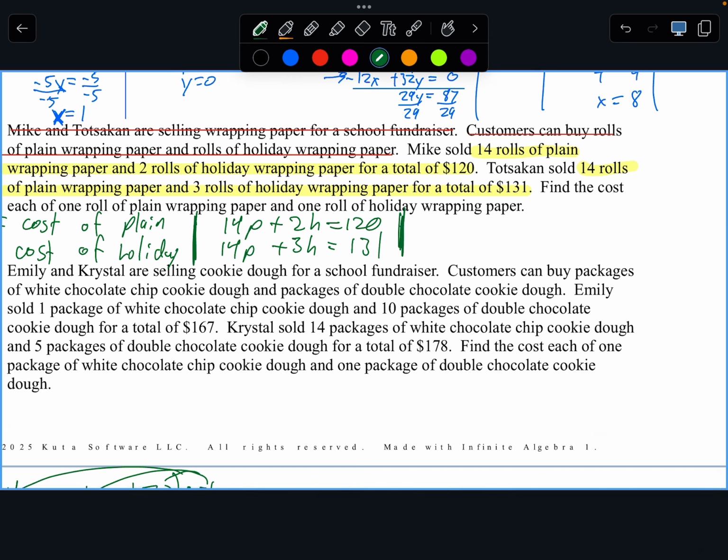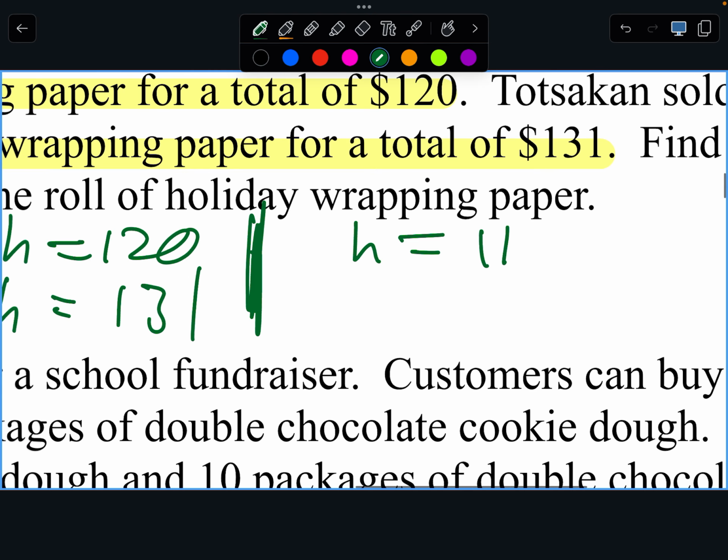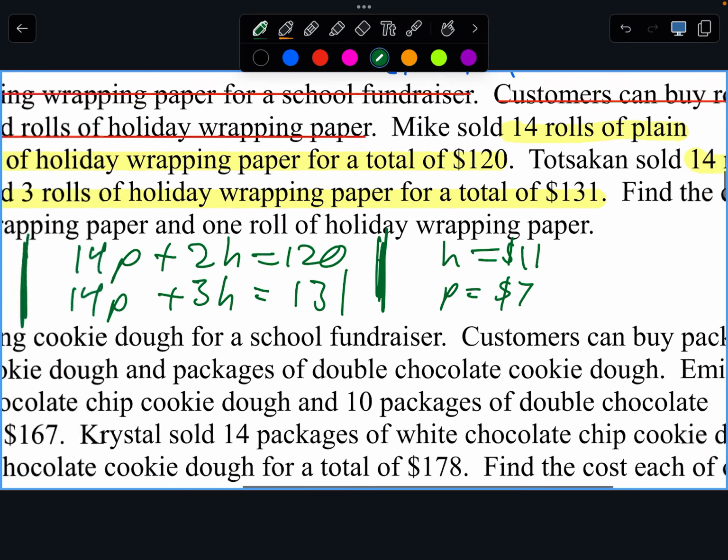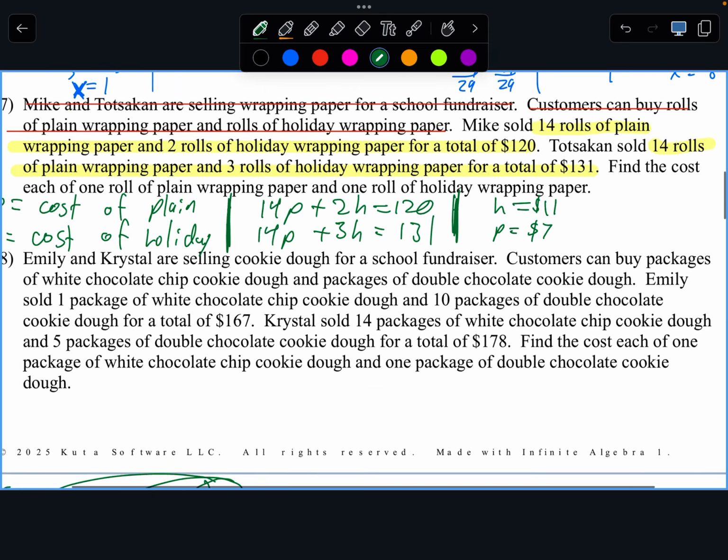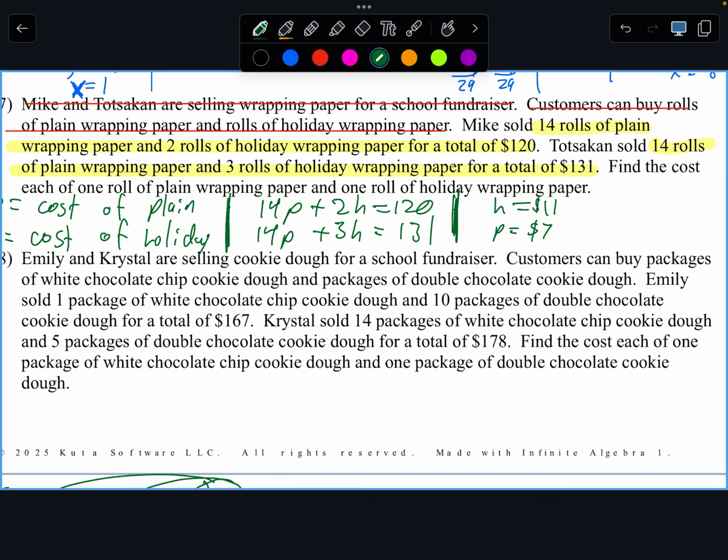Okay. So H equals $11. And P equals $7. Okay. One last one. Emily and Crystal are selling cookie dough for a school fundraiser. Customers can buy packages of white chocolate chip cookie dough and packages of double chocolate cookie dough.